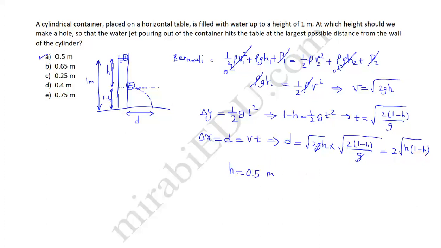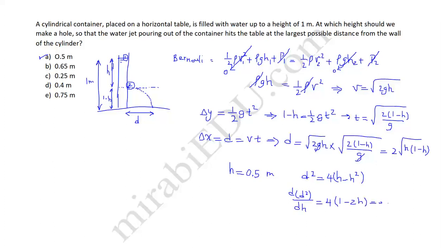In other terms, if we want to continue mathematically, we can write d squared is equal to 4 times h minus h squared. Then, for example, if I take the derivative with respect to h, because we want this term to be maximum with respect to h, it will be 4 times 1 minus 2h.